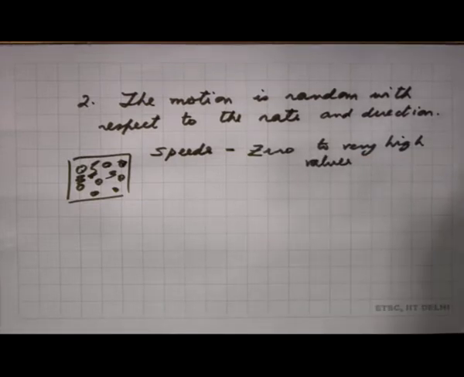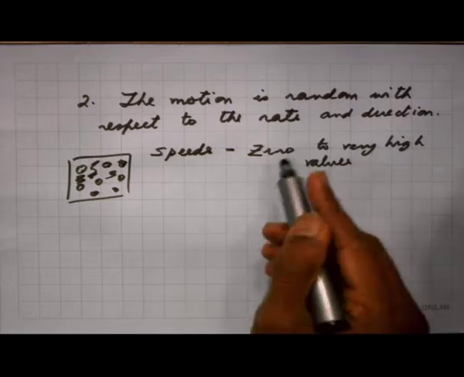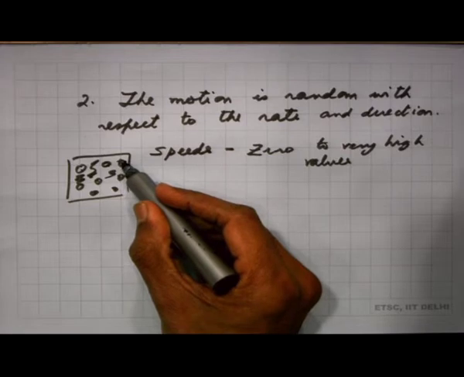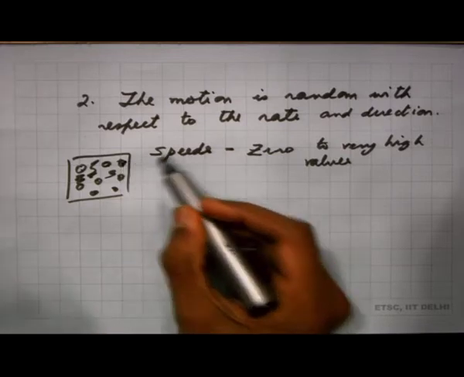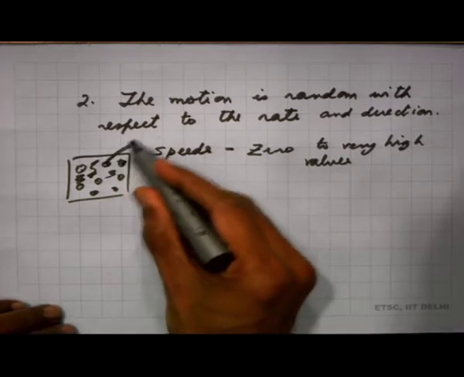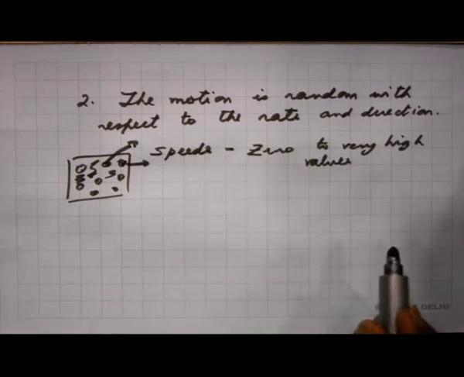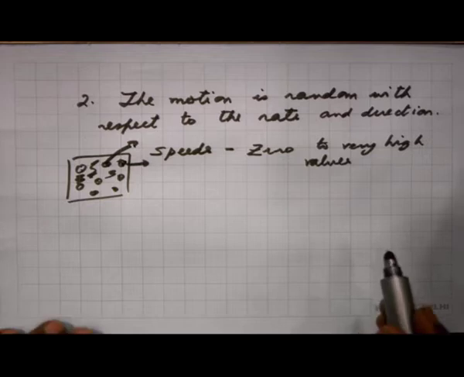It is random in that if you took one molecule, you would not know what its speed is when you looked at it, and one molecule and another could in principle have completely different speeds.